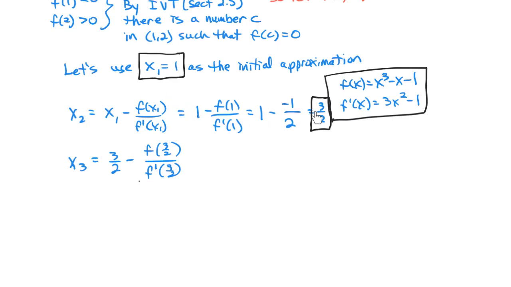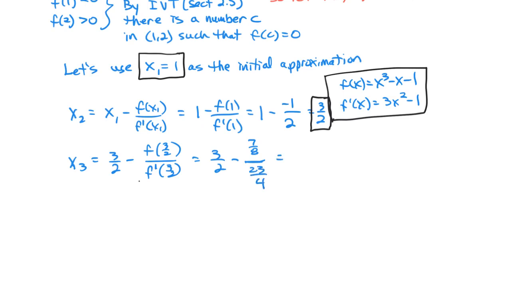Our second guess is 3 halves. So for our third guess, we're going to plug in 3 halves here, here, and here. And if you take the time to plug in 3 halves here and then 3 halves here, you'll end up getting this: 3 halves minus, well, f of 3 halves is 7/8 divided by f prime of 3 halves, which is 23 over 4.